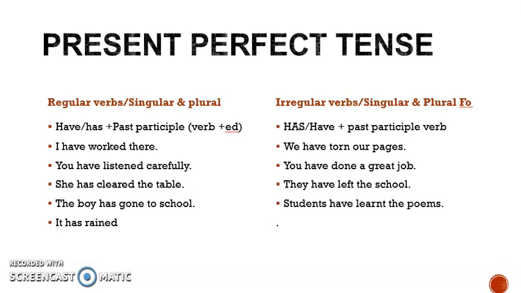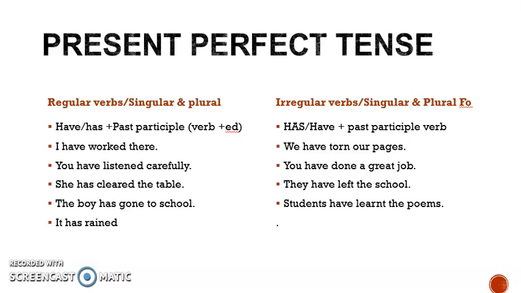Example, you have listened carefully. I have worked there. In irregular verbs, we are using the same rule. We have torn our pages. The rule is we use has, have plus the past participle verb.